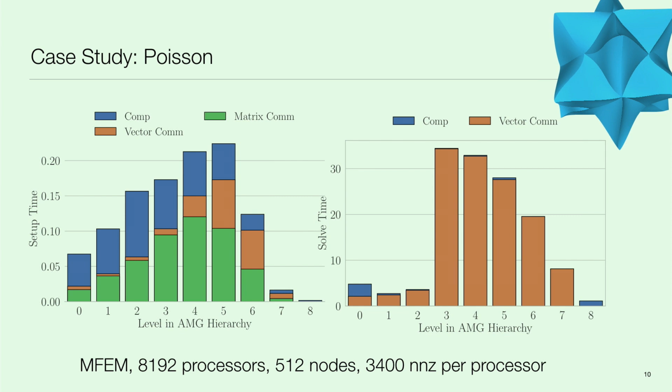So there's computation, and there's vector communication, which we would see in a sparse matrix vector multiply, and then there's matrix communication, which we would see in a sparse matrix multiply, in forming the multigrid hierarchy. And you can see in each one of these cases, the communication starts to dominate, especially at lower levels in the multigrid hierarchy. So what we want to do is understand what's happening and potentially how to design new communication algorithms that can address this.